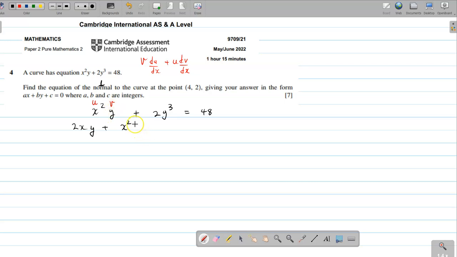So when we differentiate y, we get dy/dx, plus, and when we differentiate the constant, we get 0.